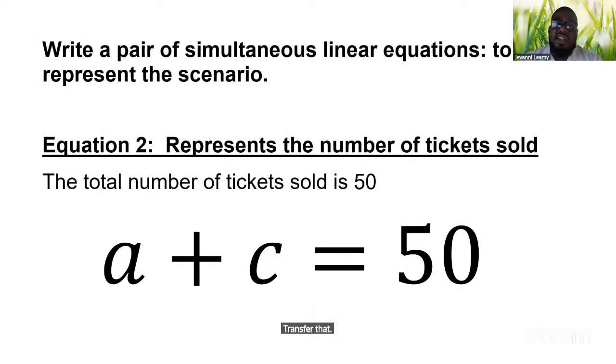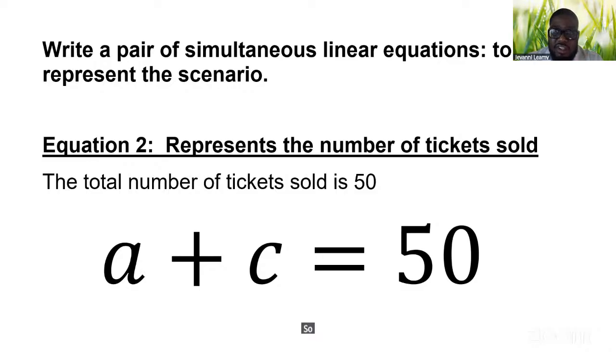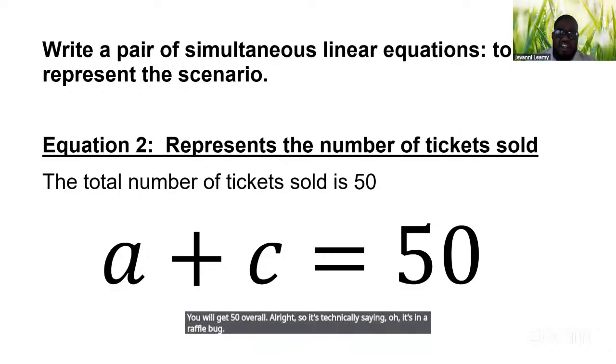All right, good. So the next equation will be how many tickets were sold. Remember in the statement, it was given that the total number of tickets is 50. So when you put the adult tickets together with the children's tickets, you will get 50 overall. It's like a raffle bag, and you need to sort them out.